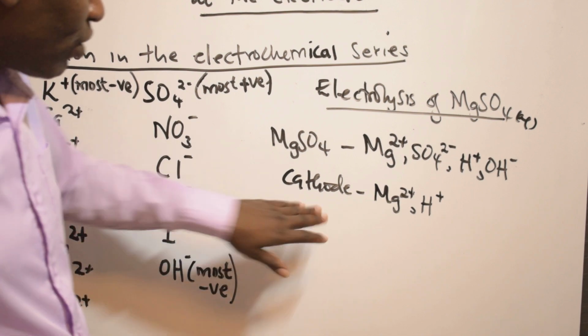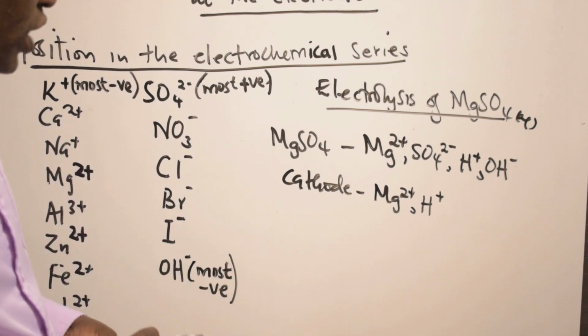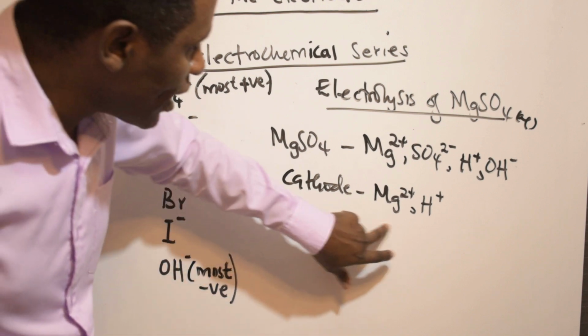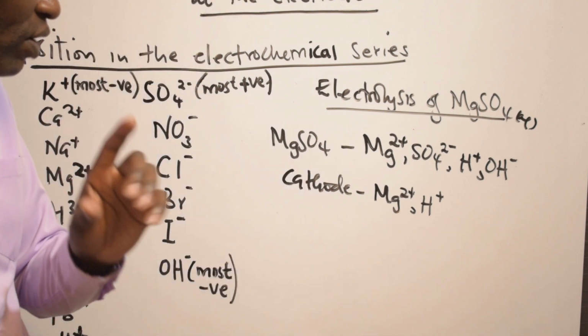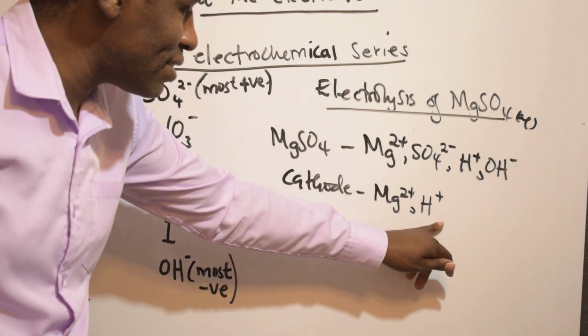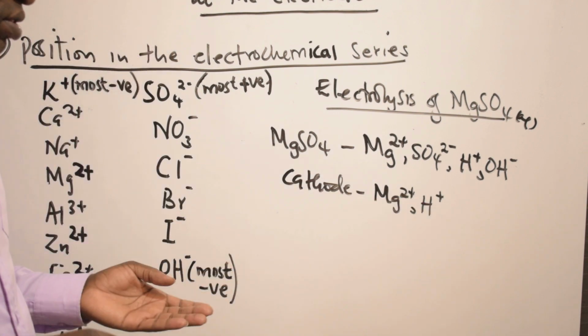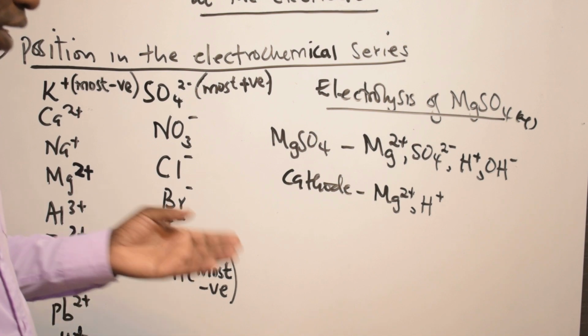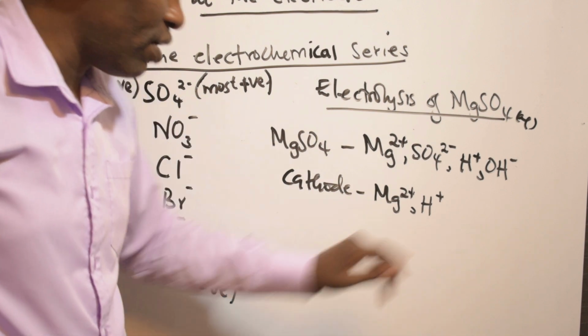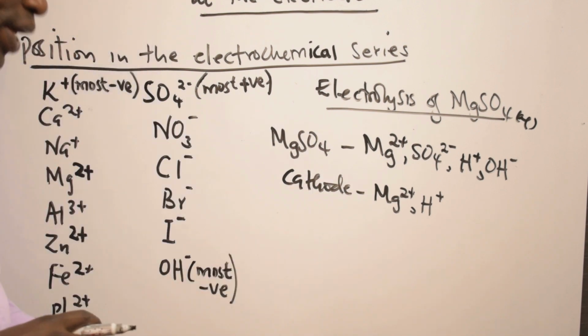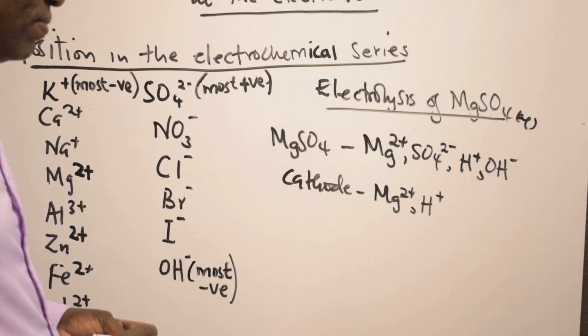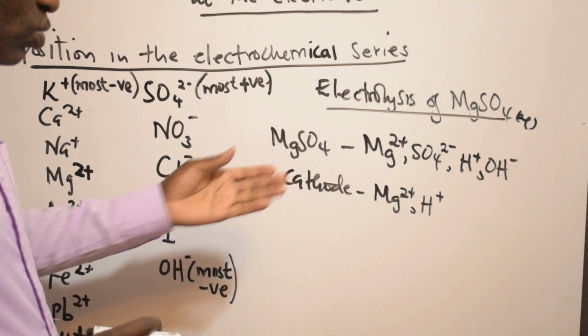As they get to the cathode, it is important to mention that only the ions with the highest tendency to gain electrons will be discharged. This is what will actually happen.